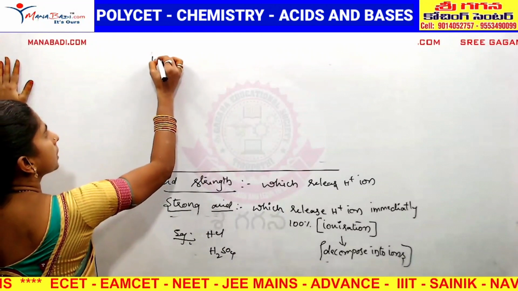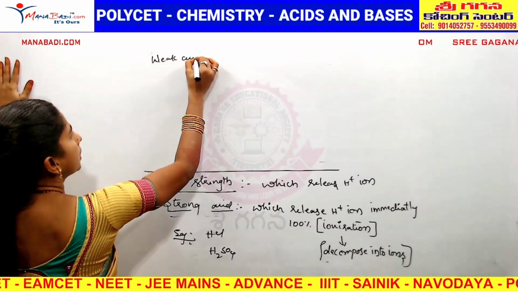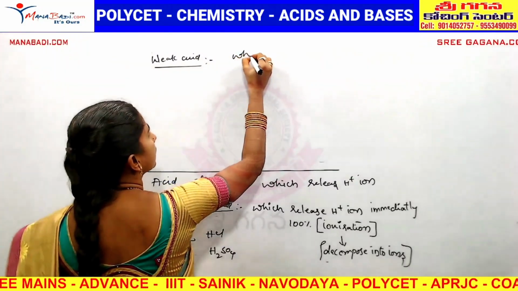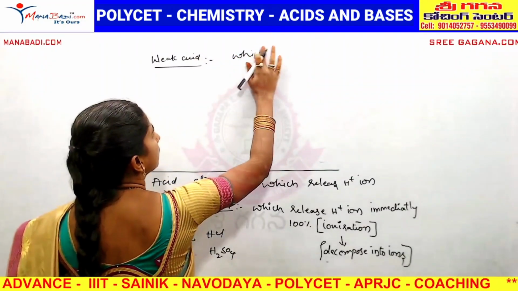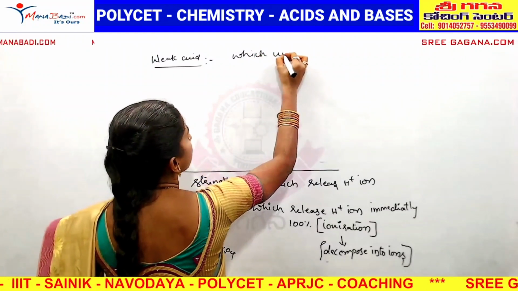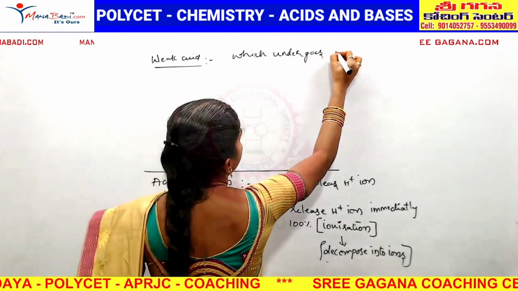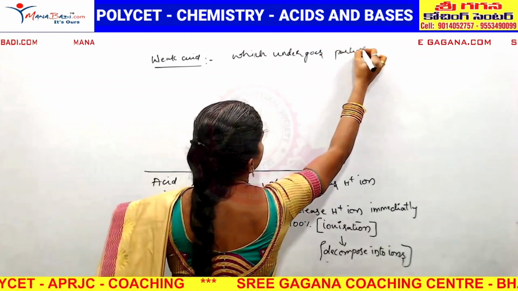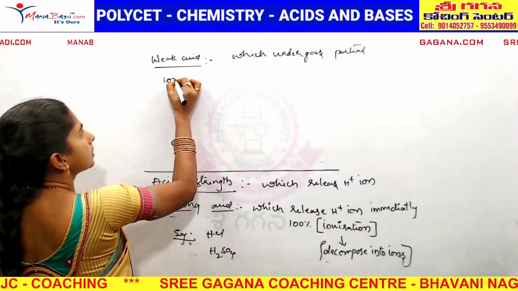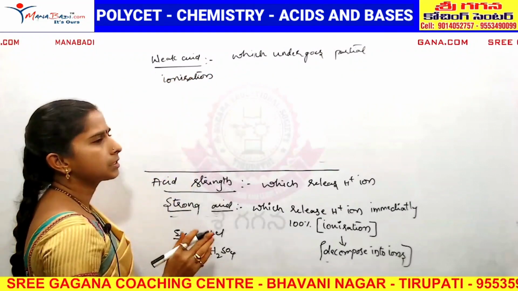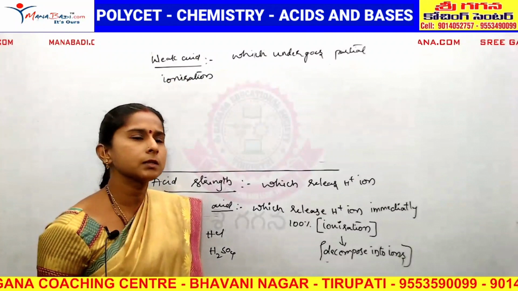What is a weak acid? Weak acid means which undergoes partial ionization. What is meant by partial ionization? Partial ionization means they will not completely release H plus ions.